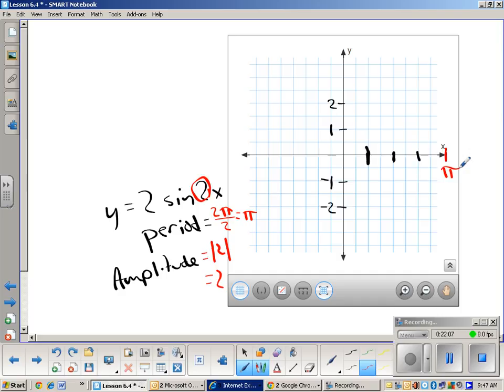Remember, we go from 0 to 1, 1 to 0, that's another one, 0 to -1, and -1 back to 0 again. So we need 4 marks to get our entire cycle, and so I'm going to call that pi. Halfway in between is pi over 2. Halfway in between that is pi over 4. And so halfway between pi over 2 and pi would be 3 pi over 4. So we have 1 pi over 4, 2 pi over 4, 3 pi over 4, 4 pi over 4. And it starts at 0, goes up.